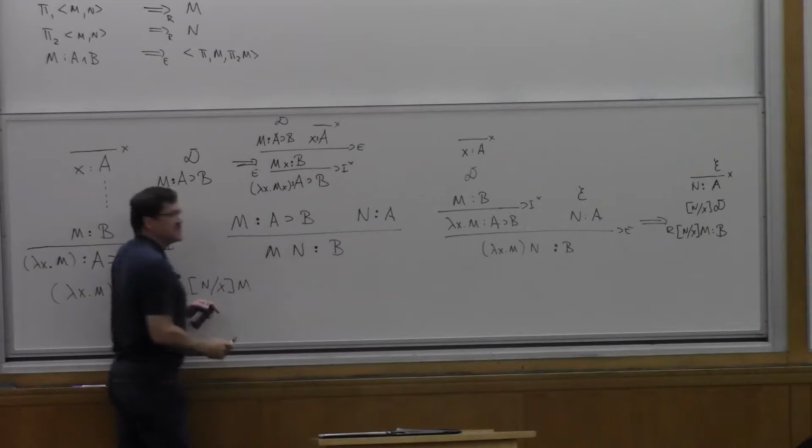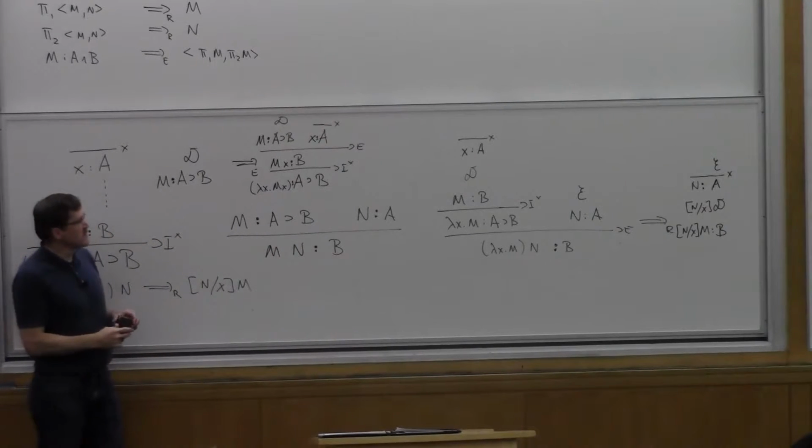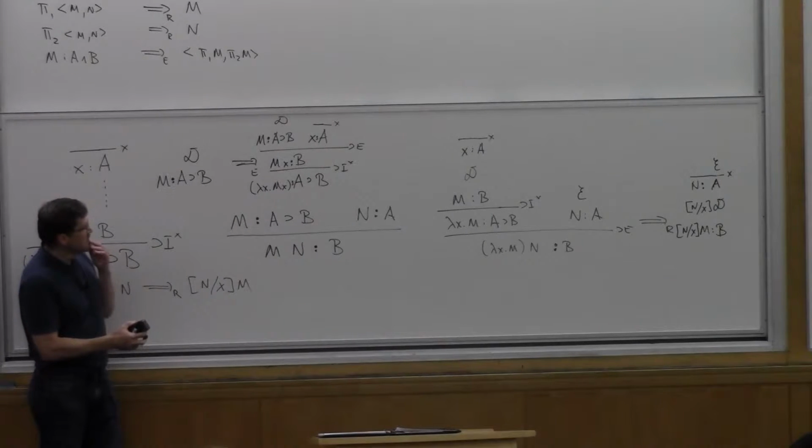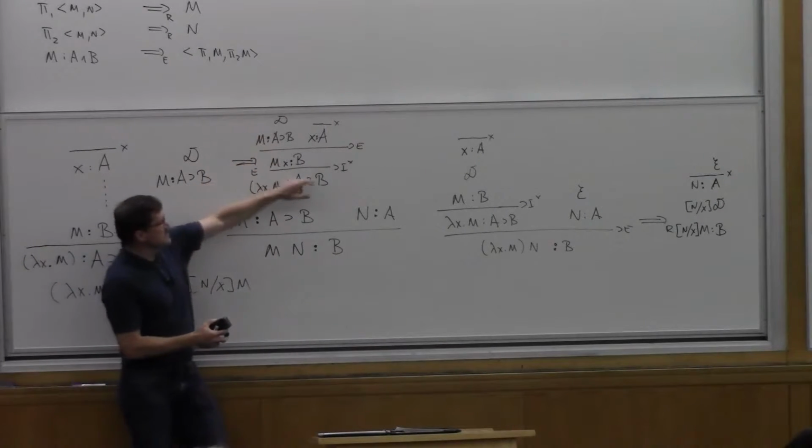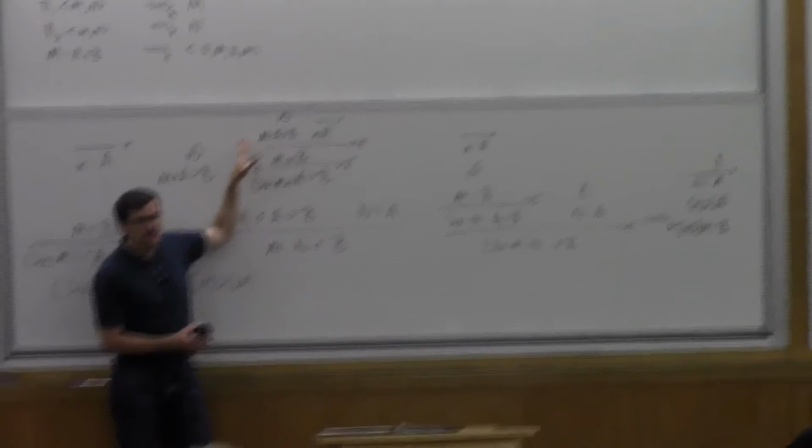Okay? So at this point, it becomes a little bit clear that there is some condition on this expansion that we didn't make very clear before, which is that this only makes sense if you choose an X here which doesn't occur in the rest of the proof.